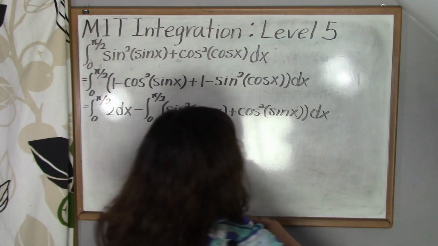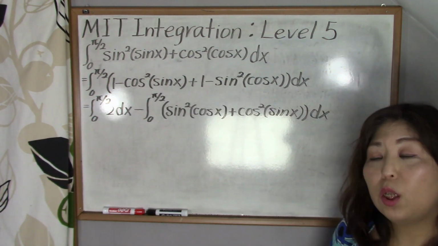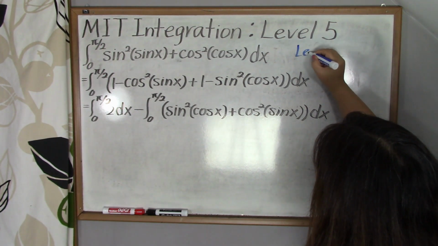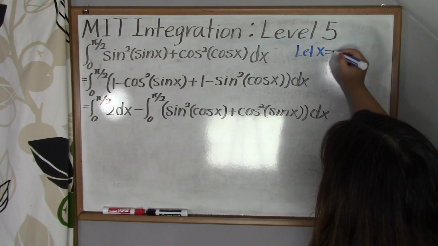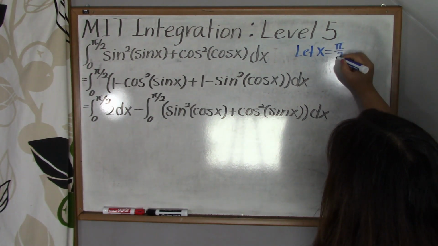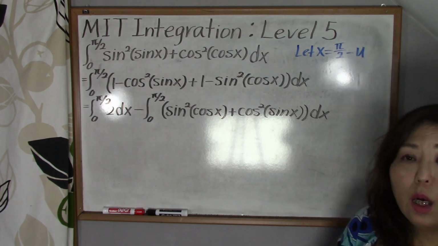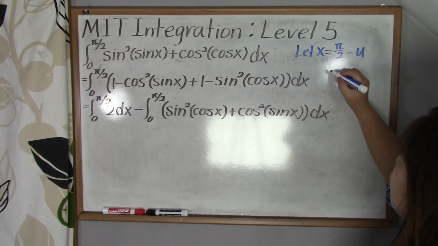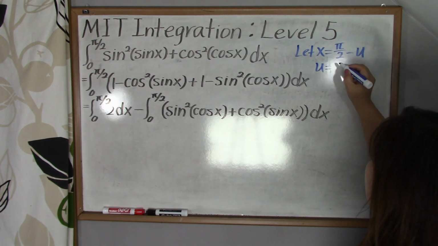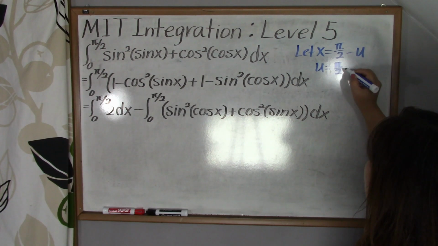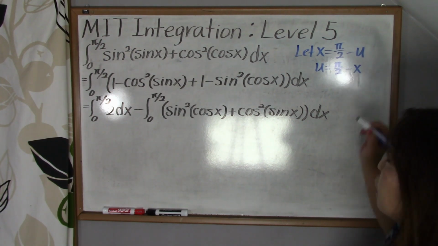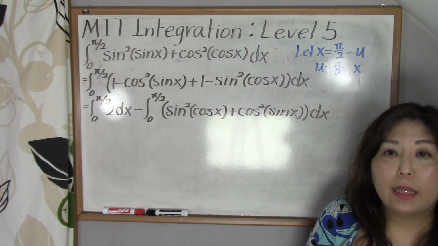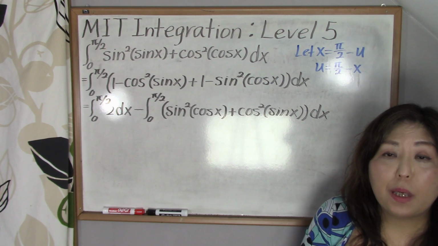And next, we're going to use substitution. I'm going to show you here. Let x be equal to pi over 2 minus u. So now u is equal to pi over 2 minus x, to find the bounds later with respect to u.